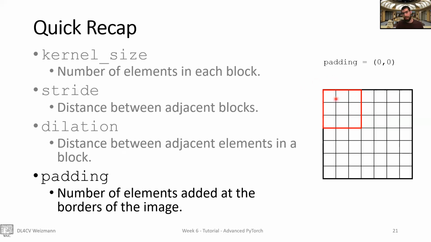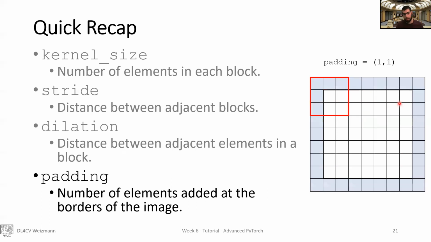We'll have fewer blocks with stride 1 than pixels in this image or feature map, but we can also always add padding of 1 and maintain the number of blocks as the number of input pixels. Any questions so far about the terminology?